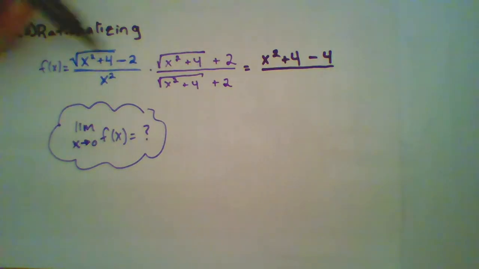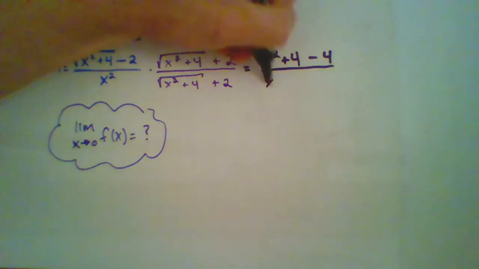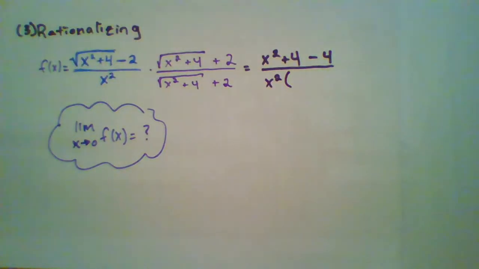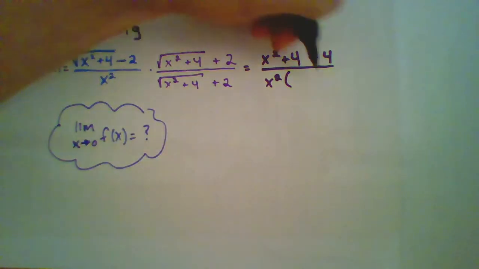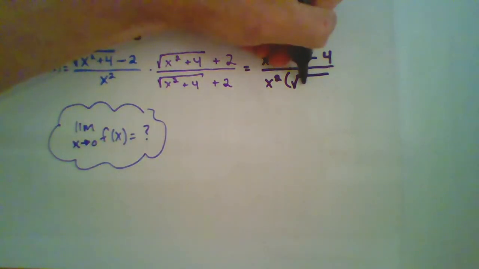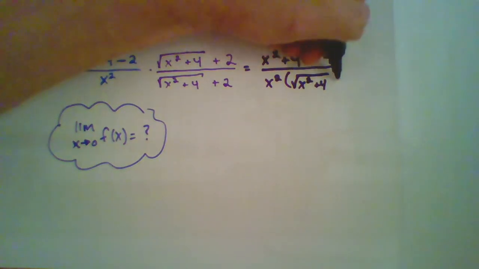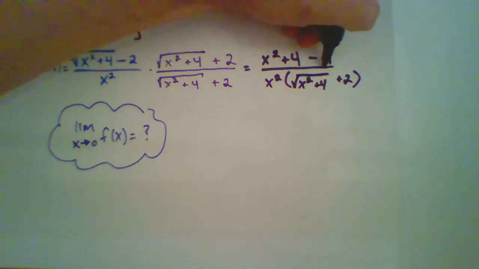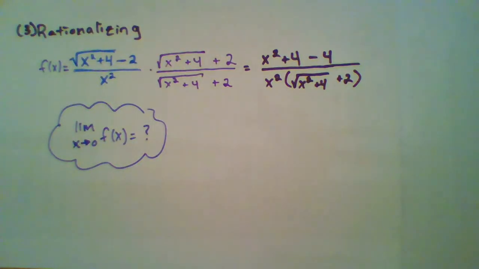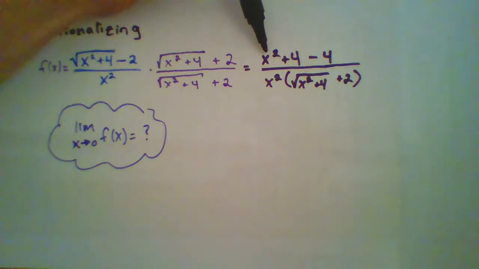In the denominator, let's see, I don't really want to multiply all of this stuff out, and that'll become clear in a minute why. So I'm just going to write it like x squared times all of this stuff here. Now, the reason why I didn't want to multiply all this stuff out is because if I look up in the numerator here, I see that there really is just x squared.